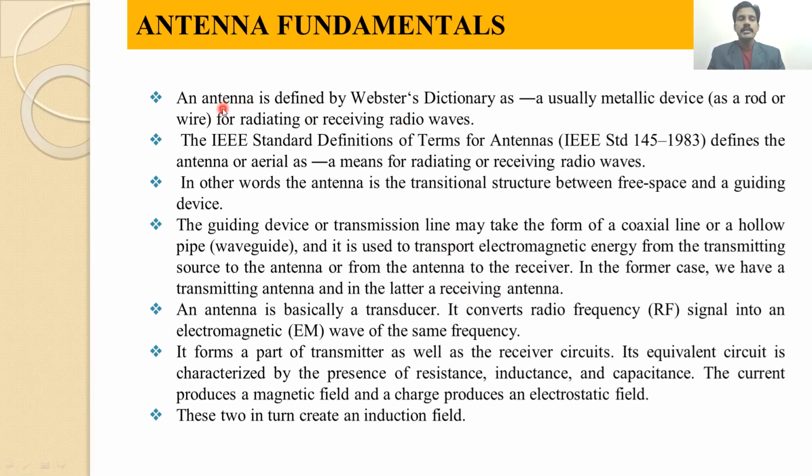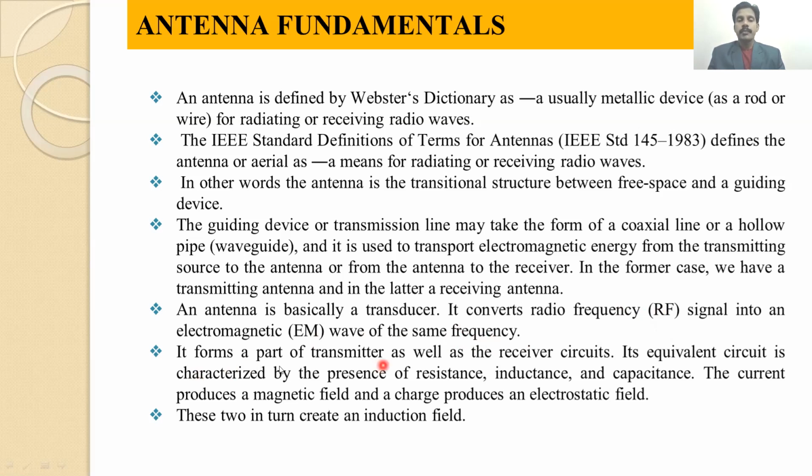Similarly, an antenna is a transducer, which simply converts a given radio frequency signal into an electromagnetic wave with the same frequency. It is very important that the frequency is not altered when you are designing a particular system.